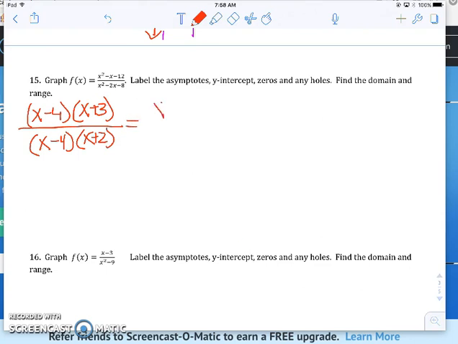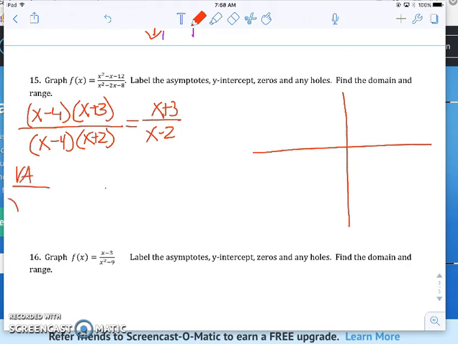So it reduces down to x plus 3 over x plus 2. So if we were to graph this, our vertical asymptote would be at x equals negative 2. Nope, not negative 2. Let's switch that to positive 2.